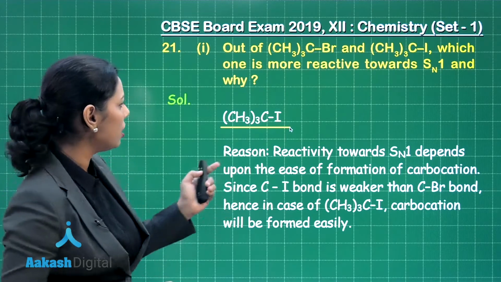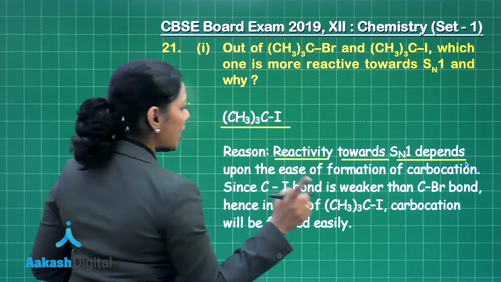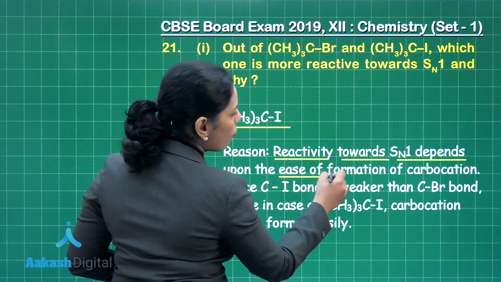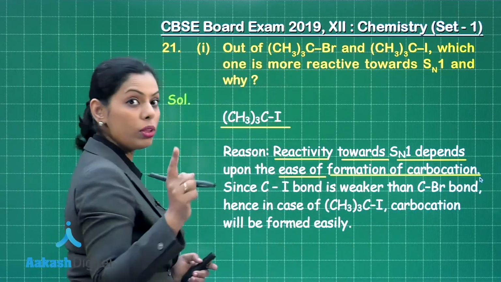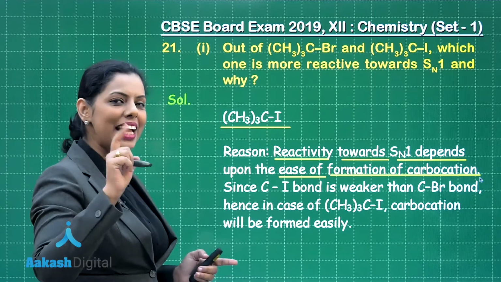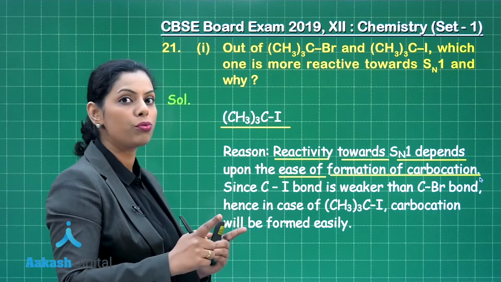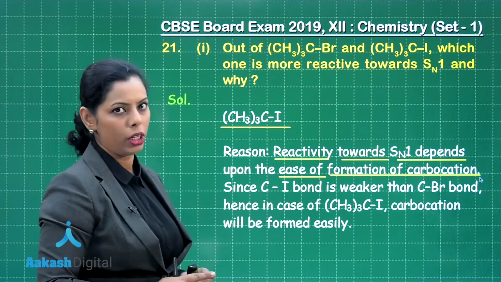And what would be the reason? The reason is reactivity towards SN1 depends upon the ease of formation of carbocation. You know that it is a two-step process. In first step, there is the formation of carbocation, and that step is the slow step. So, how easily carbocation is formed, rate of reaction would be dependent on that.